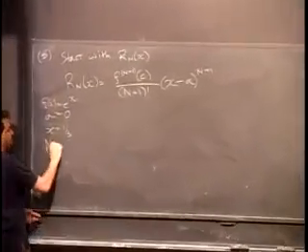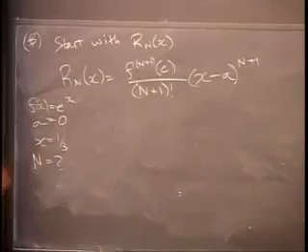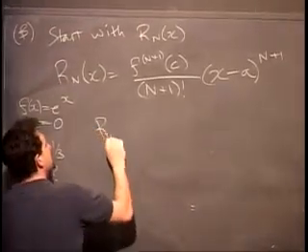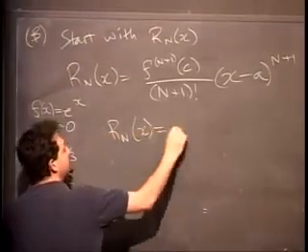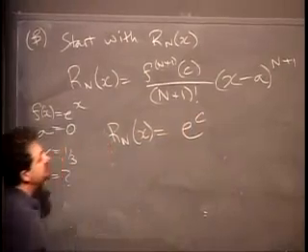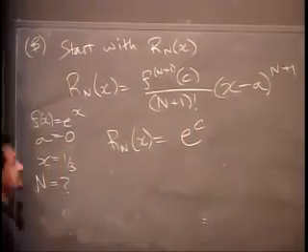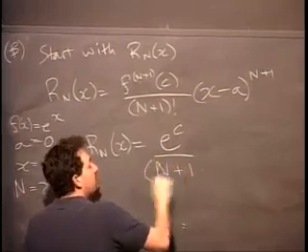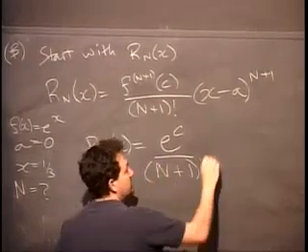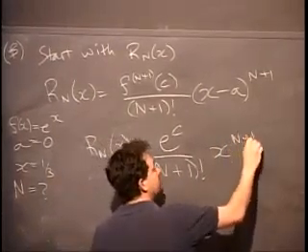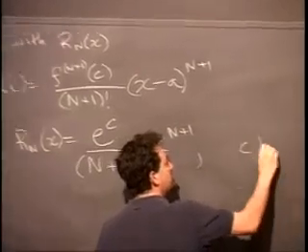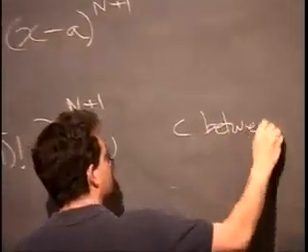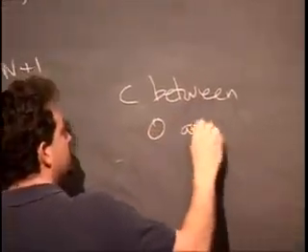So the problem is we don't know what n should be. So let's specialize this. In general, we have Rn of x is e to the c, because all the derivatives are e to the x. Evaluated at c, you get e to the c, over n plus 1 factorial, x to the n plus 1, again, c between 0 and x.